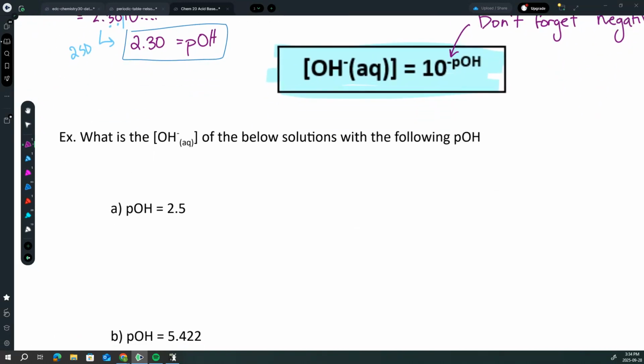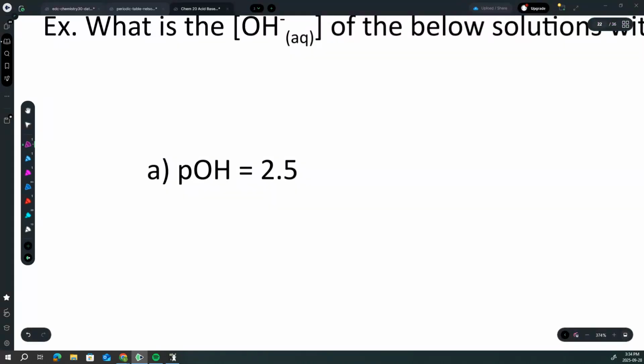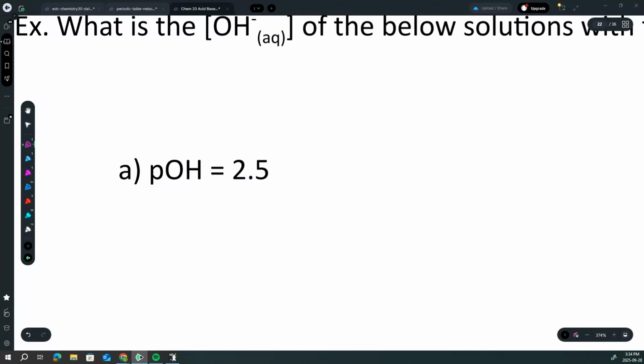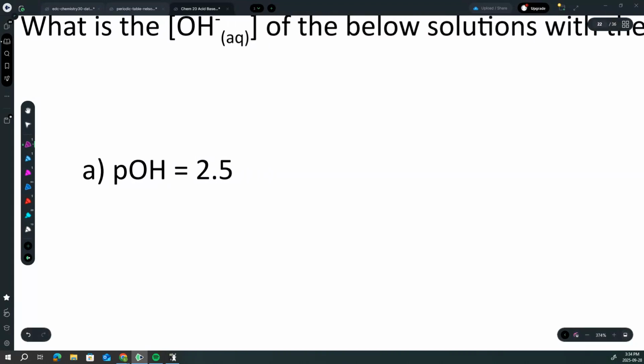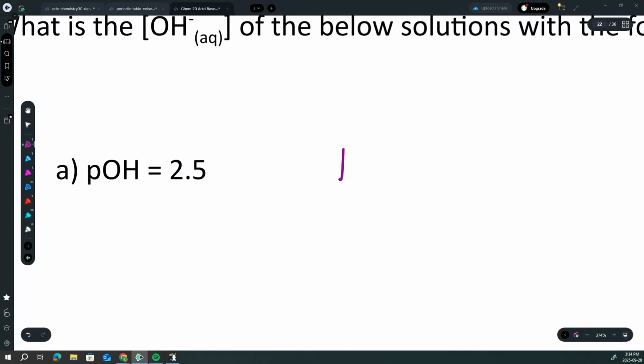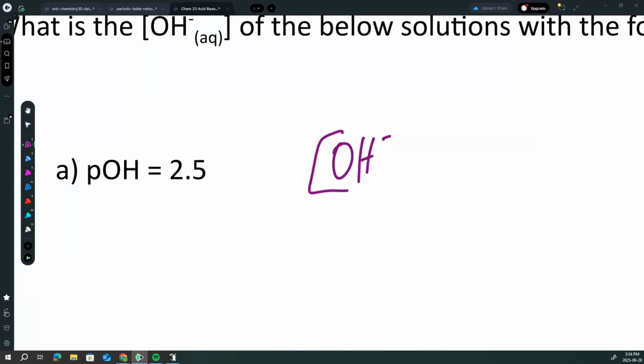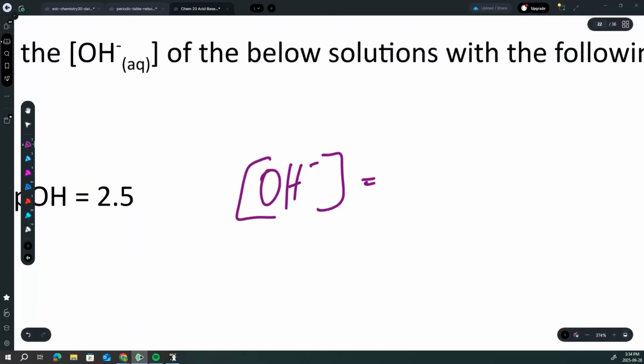So, example here: what is the concentration of hydroxide ions of the below solutions with the following pOH? Alright, so the first one we're given is a pOH of 2.5. So hydroxide ion concentration is equal to 10 to the power of negative pOH.